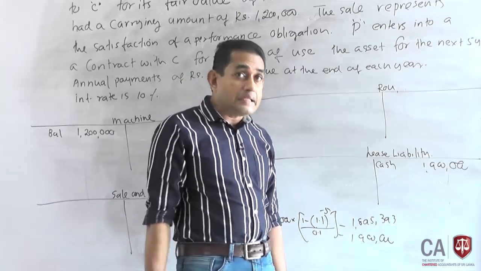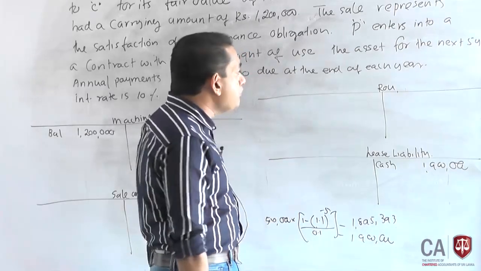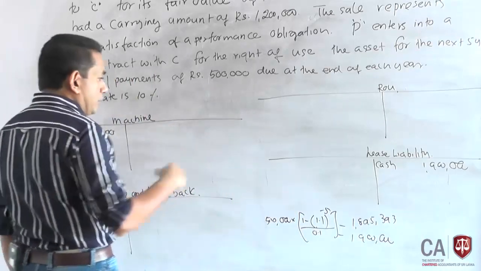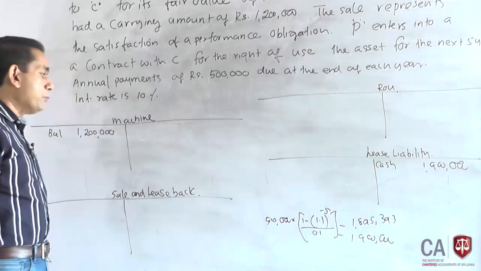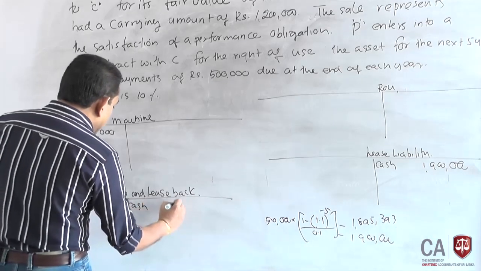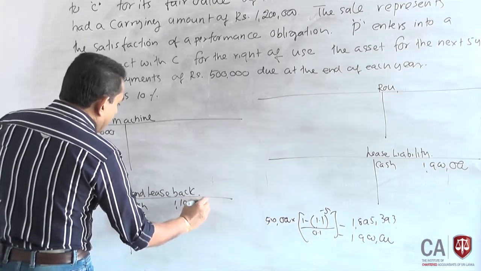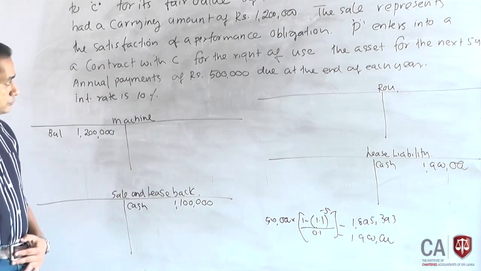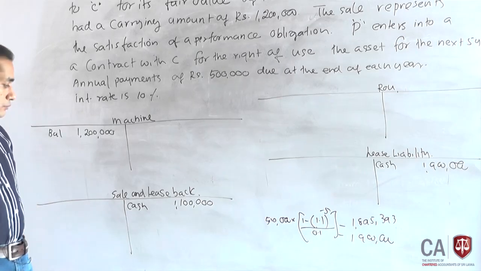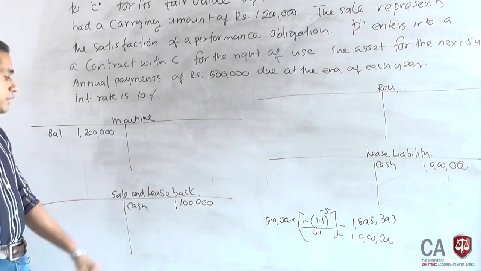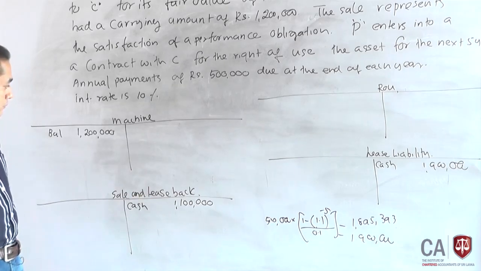But how much have you received from the buyer? 3 million rupees. Out of 3 million, 1.9 is the lease liability, and the balance 1.1 million is like the proceeds for the sale of the asset. So, that goes to disposal account or sale and lease back account to calculate the profit or loss on sale.